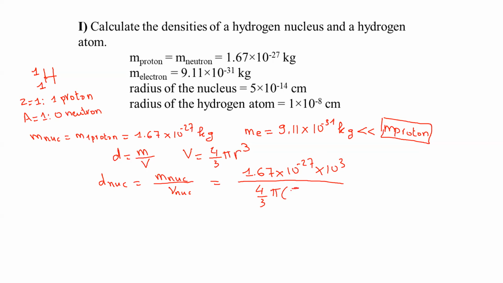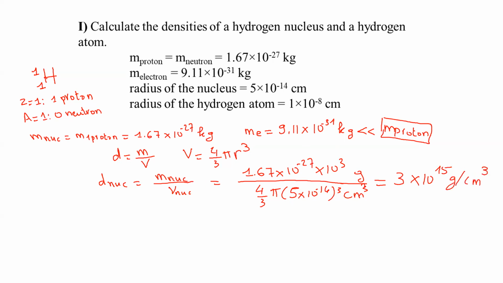The radius here is 5 times 10 to the power minus 14 cube, in centimeter cube, and gram on the top. And you can see also the significant figures. So here we have 3 significant figures, and 1, since it's a division, the result is going to have the smallest one, so only 1 significant figure. And if you compute it, it's going to be 3 times 10 to the power 15 gram per centimeter cube.